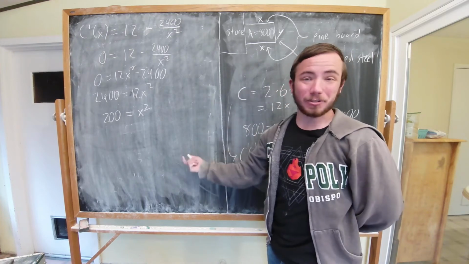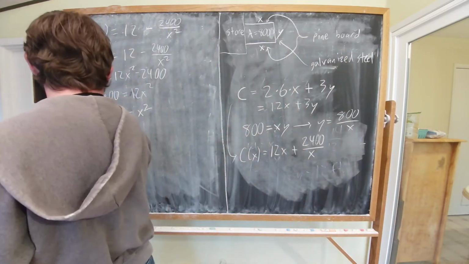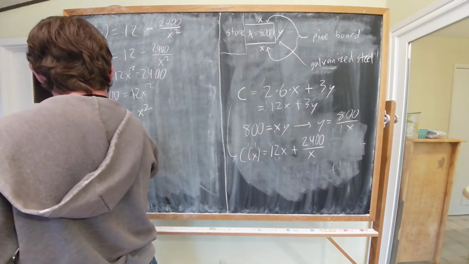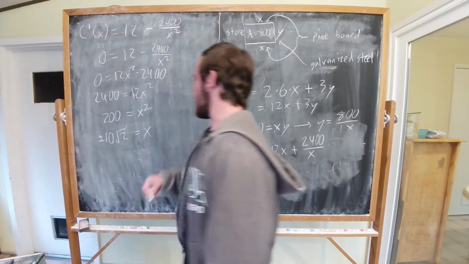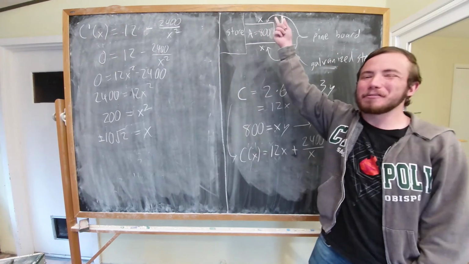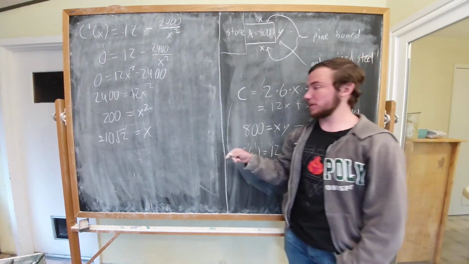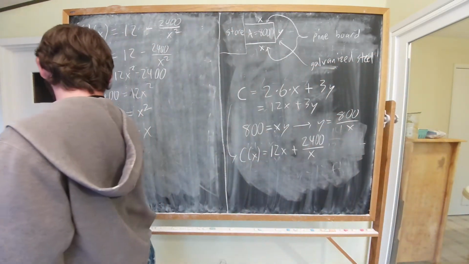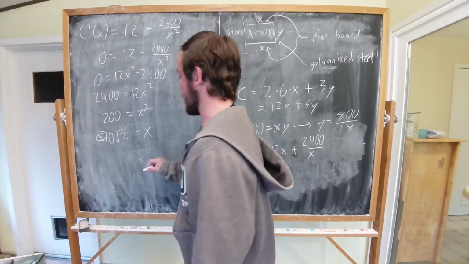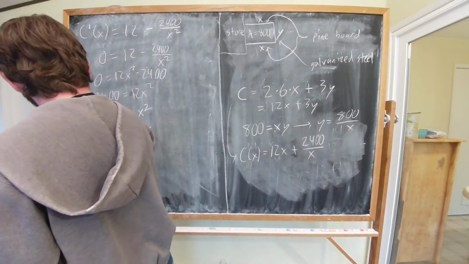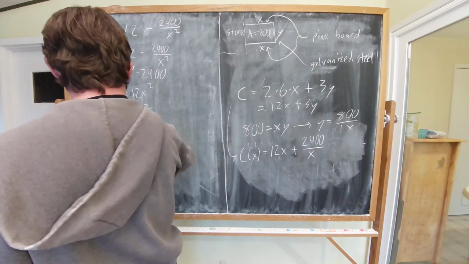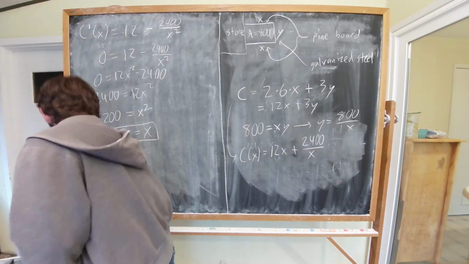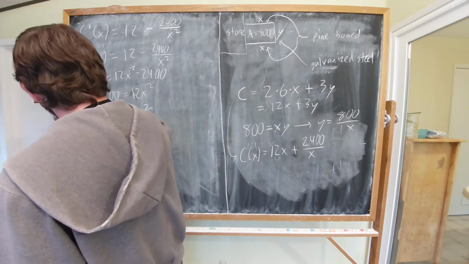And now we take a square root on both sides, and we get plus or minus 10 times the square root of 2 for x. Again, we need the side length of a fence to be a positive number, so we take the positive number. So our dimension for x is positive 10 square root of 2.